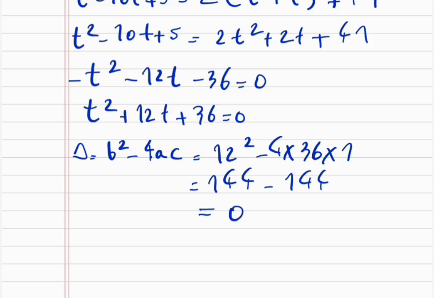And this is exactly what we were aiming for. So thus there is only one solution, which means we only have one point of intersection.